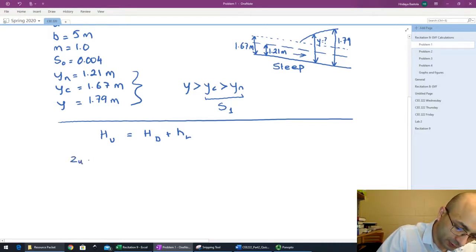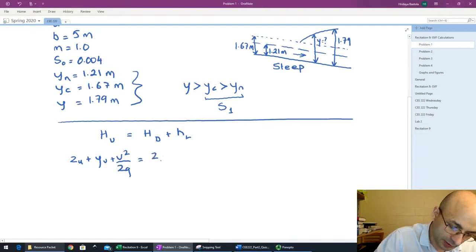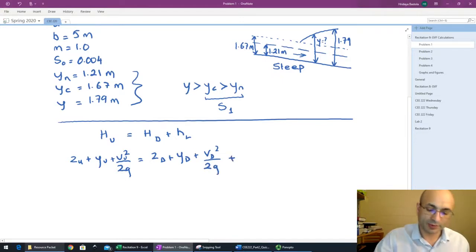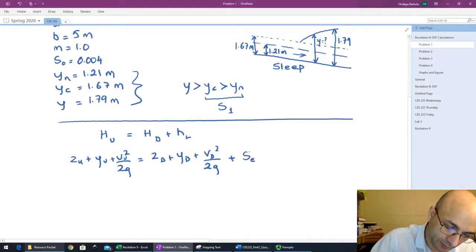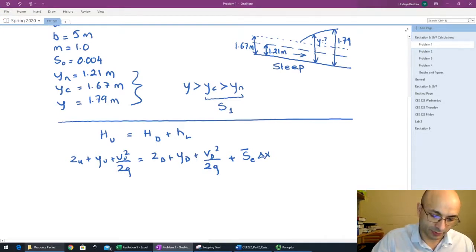So Zu plus Yu plus Vu squared over 2g equals Zd plus Yd plus Vd squared over 2g plus head loss. Head loss can be expressed as the product of the average slope of the energy grade line times delta x, which is the distance between the two y locations.